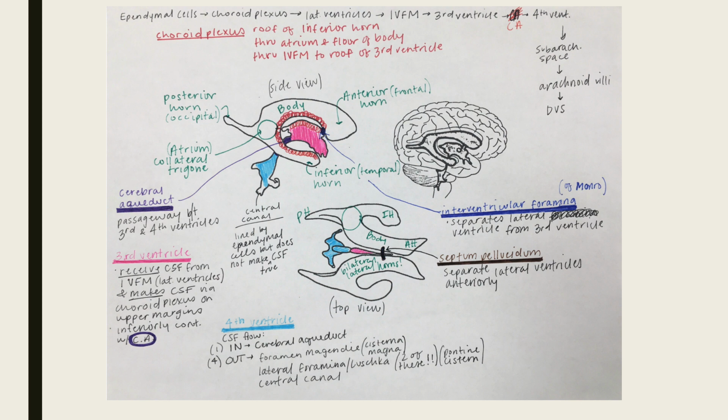And then it travels from the third ventricle through the cerebral aqueduct to the fourth ventricle. From the fourth ventricle, it's going to exit into the subarachnoid space. It leaves through those 4 openings out, the foramen of Magendie, the lateral foramina of Luschka, and the central canal. So that's where it's exiting from.